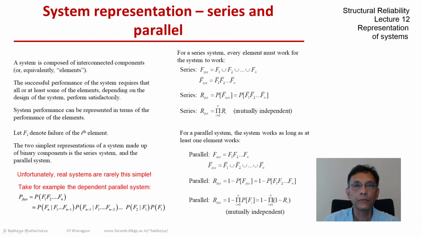If they're not mutually independent, the problem is that these probabilities, especially when we have several conditional events, F1, F2, all the way up to Fn minus 1, might quickly approach 1 because of load sharing, because of dependence, and so on.